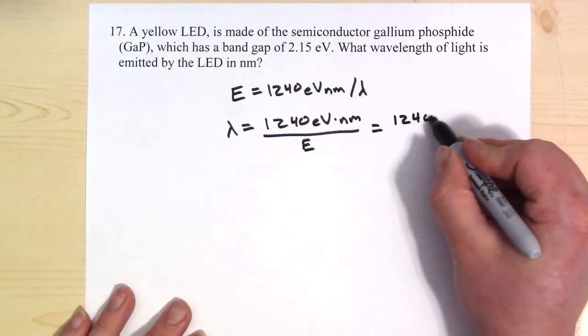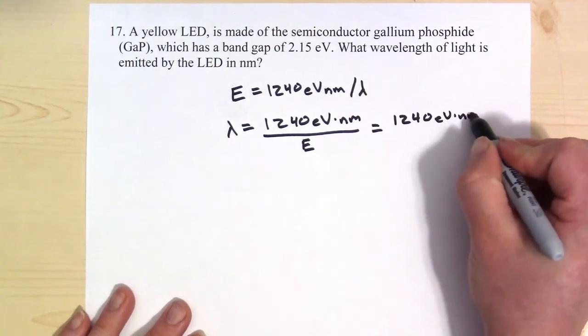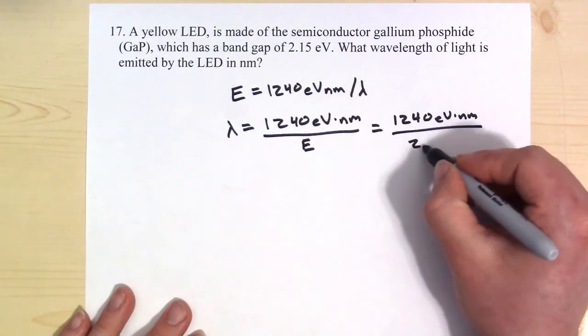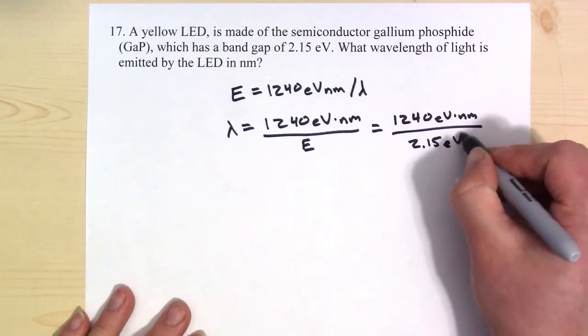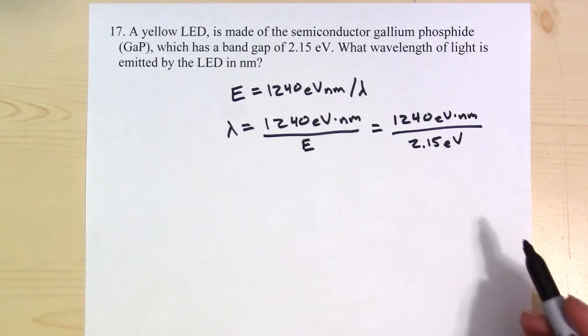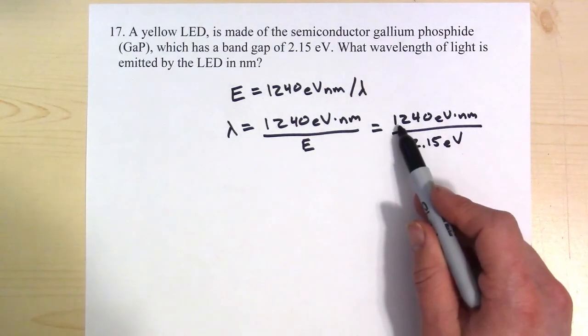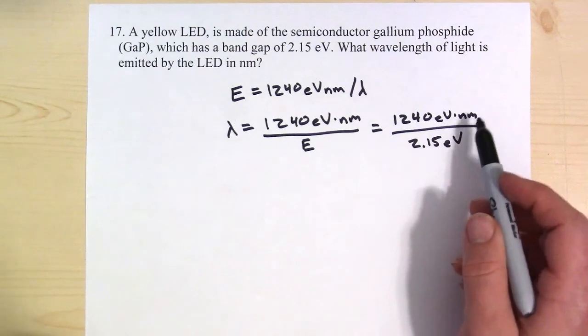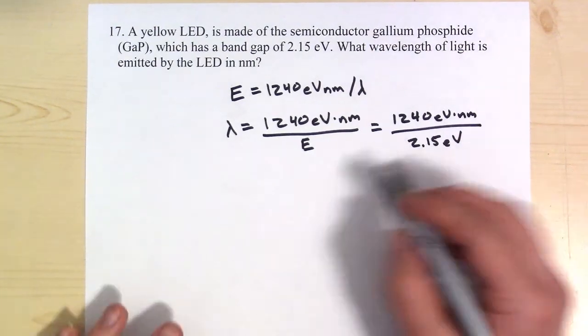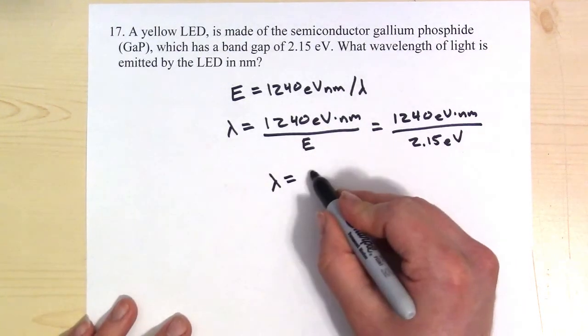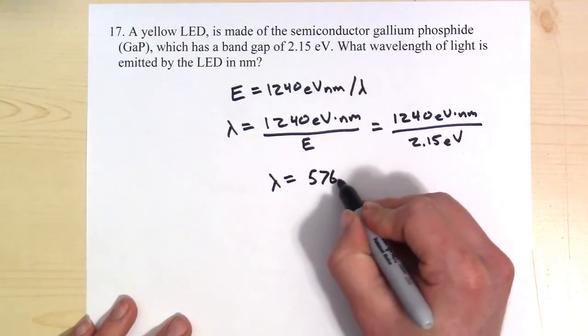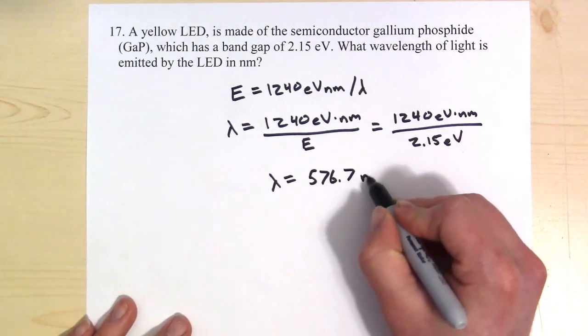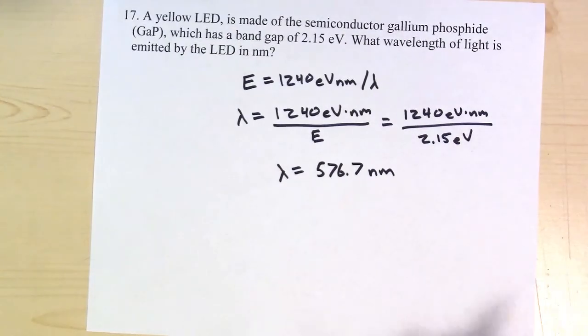So that's 1,240 electron volts times nanometers over 2.15 electron volt band gap. If we divide 1,240 electron volt nanometers by 2.15, we get that lambda is equal to 576.7 nanometers. So that is the final problem, and that was the week 16 PARTE packet explanation.